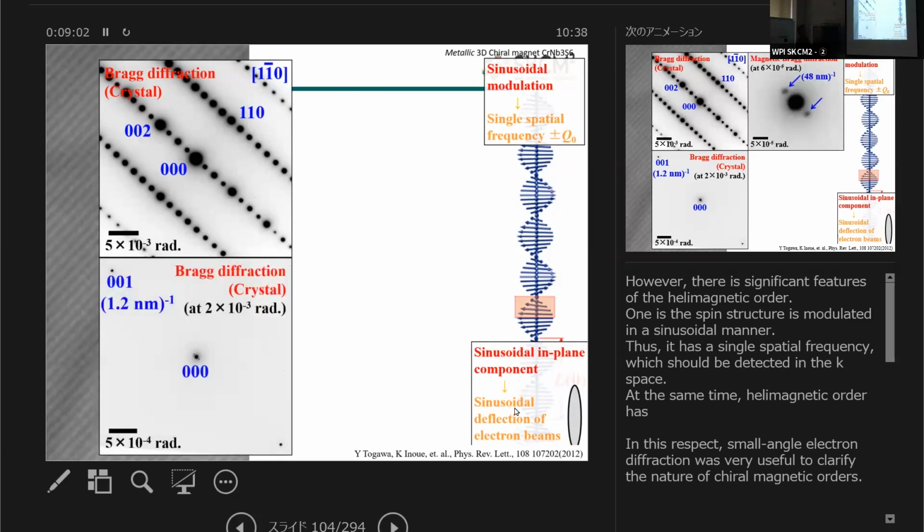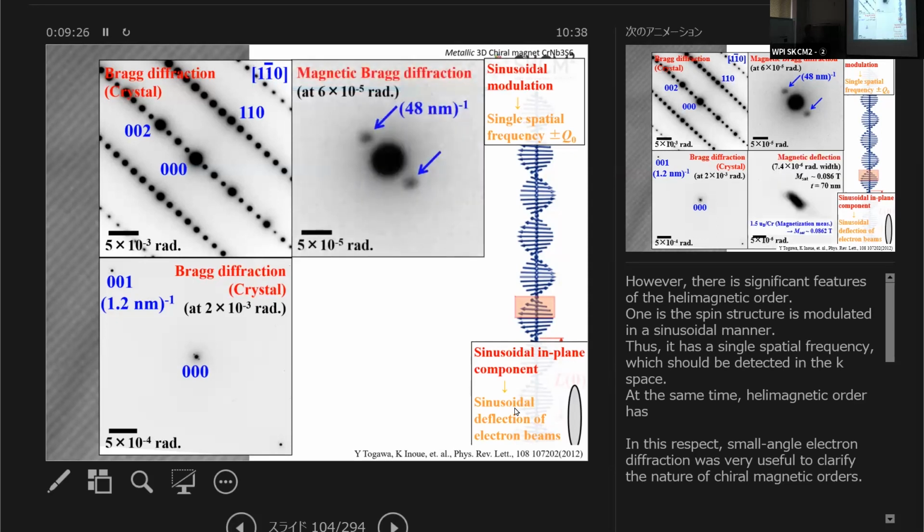But if we zoom in on this 000 diffraction, we can find satellites, only one set of satellites. This means the helical pitch is perfect. There are no higher order diffractions, only one diffraction. This spacing corresponds to 480 angstrom.